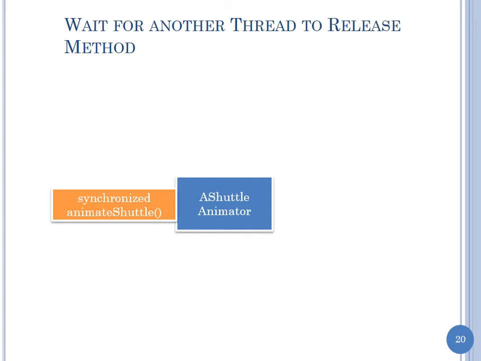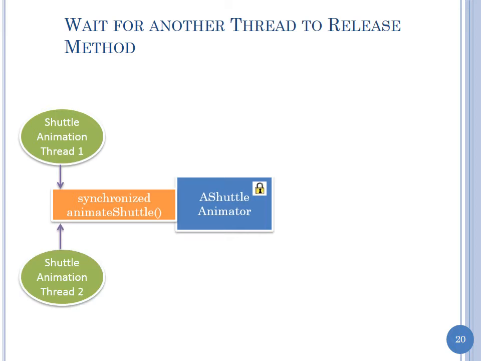Here's a graphic to illustrate what happens with synchronized methods, how the blocking takes place. So when a thread goes and executes this method, it's synchronized, but the object is not locked. So it puts a lock on the object saying nobody else should enter this object while I'm executing the synchronized method.